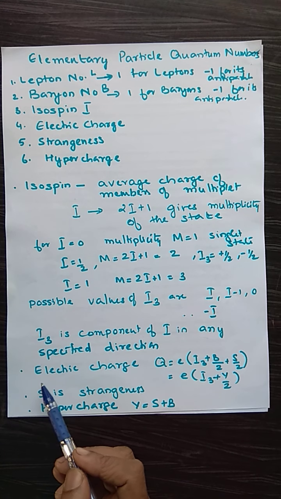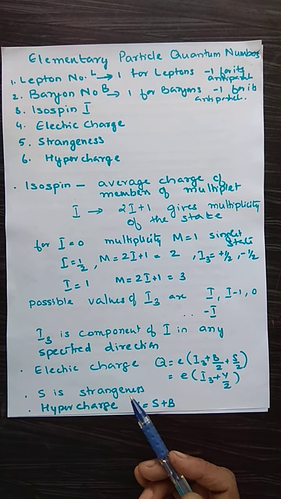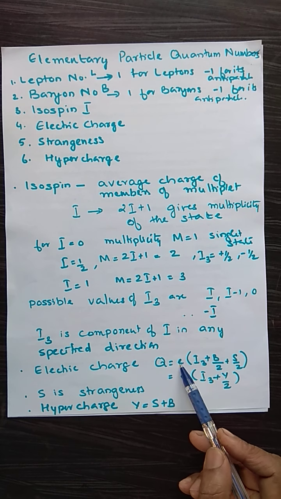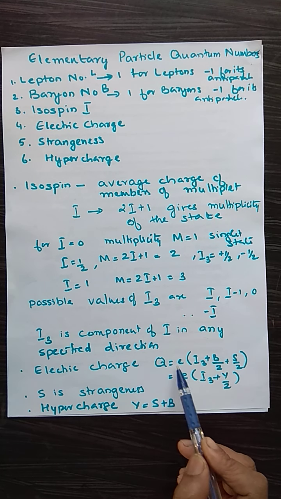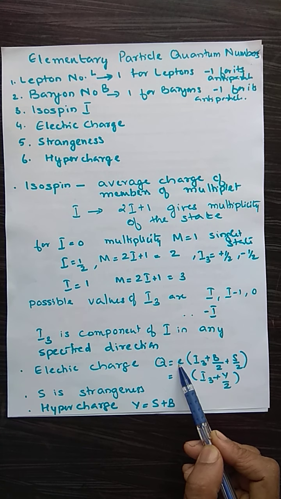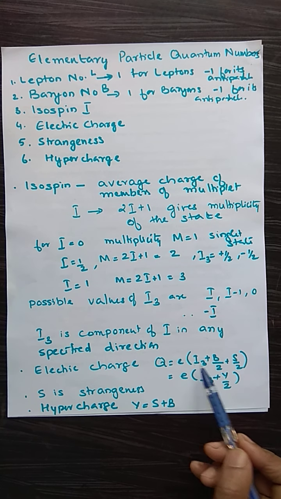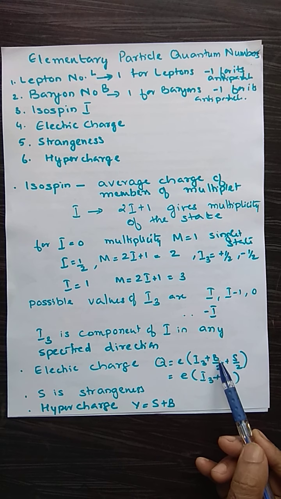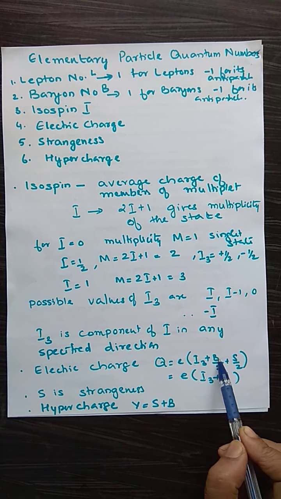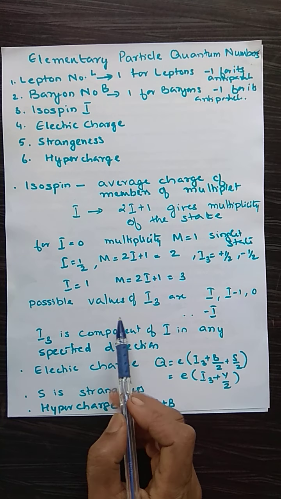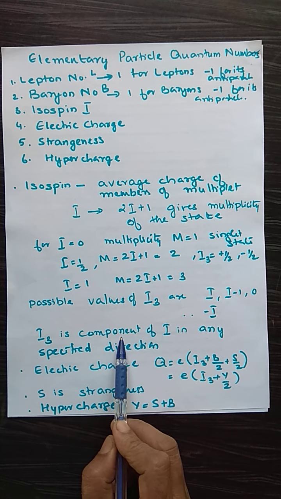So the next quantum number is electric charge. How you get the electric charge Q is equal to e, where e is the charge of the electron, into I3 plus B by 2 plus S by 2. B is baryon number. I3 is the component of I in the specified direction.